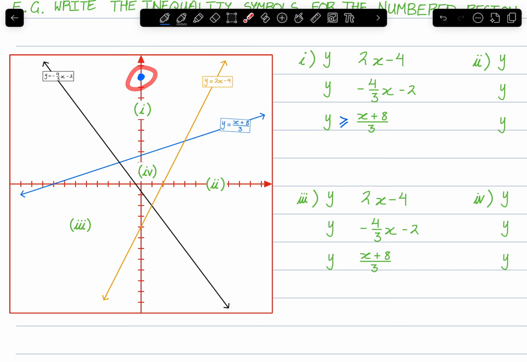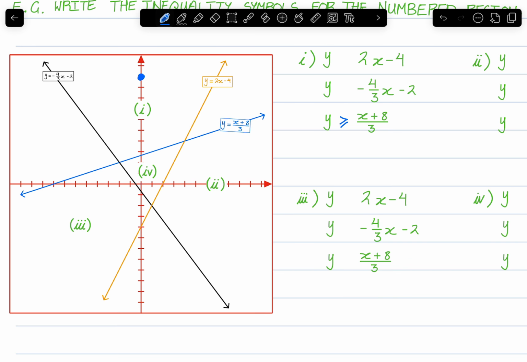Now using this point, testing this line, which is this one, is this point above this line at the same x value? In which case, yes, it is. This point is above this line.